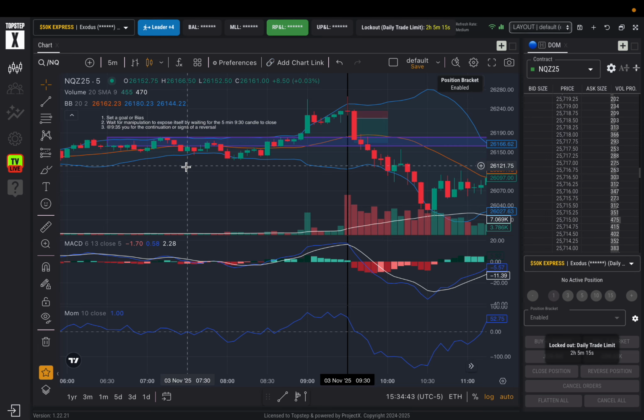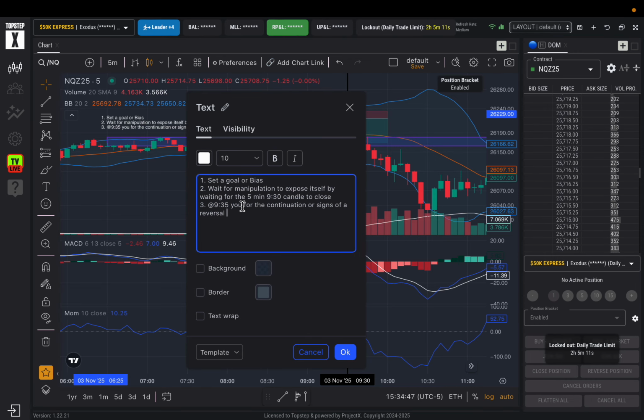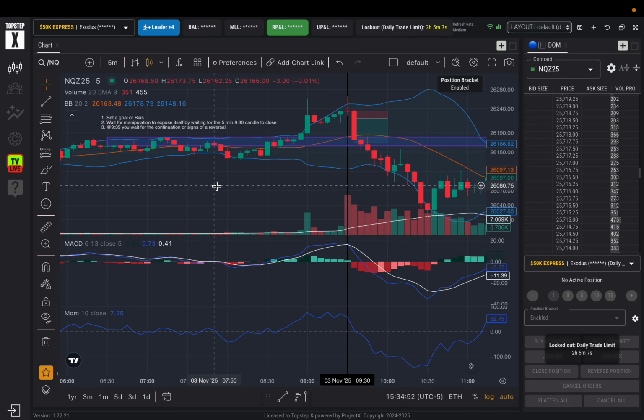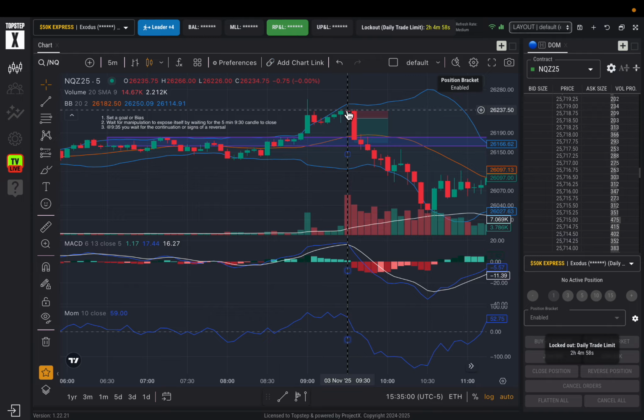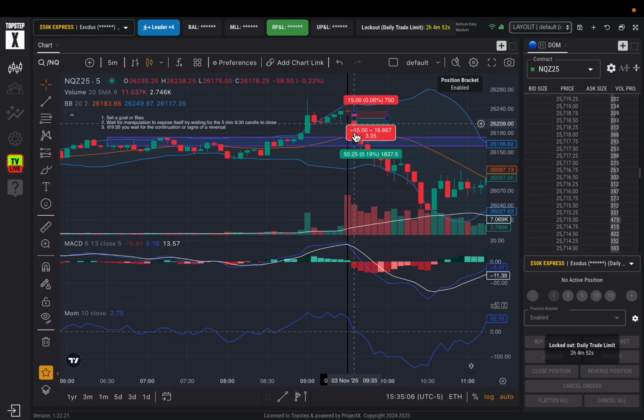So at 9:35, you wait for the continuation or signs of a reversal, right? So when this candle closed right here, this is the manipulation, right? And then at 9:35, you wait for the continuation or signs of a reversal.